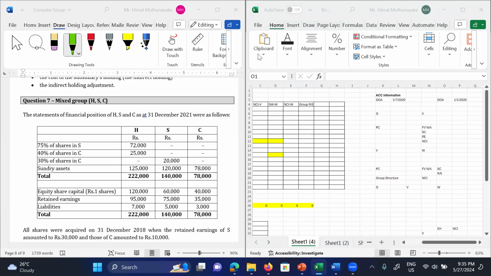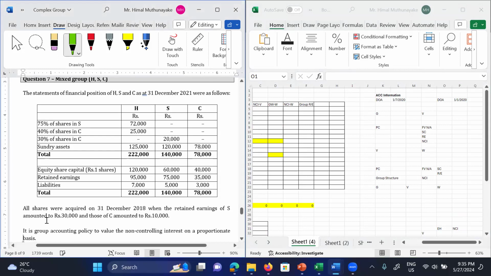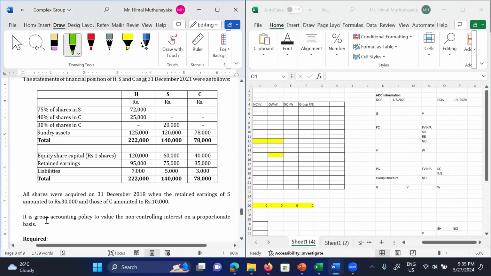Right, now let's look at this question. All shares were acquired on 31st December 2018 when the retained earnings of S amount to rupees 30,000 and those of C amount to rupees 10,000. It is a group accounting policy valuing non-controlling interest on the proportionate basis.